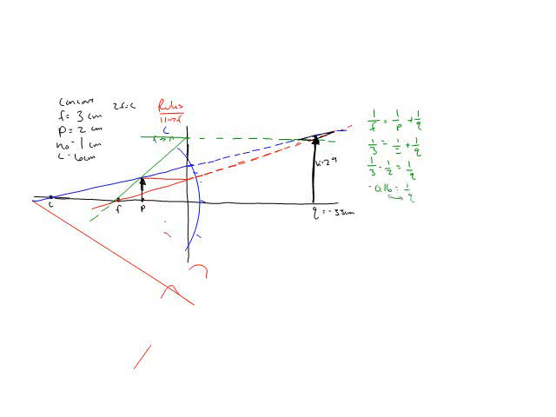Q is going to equal 6. Well, that's not bad. 5.5 and 6, that's not too bad. I will call that okay. Not great, but it's okay.